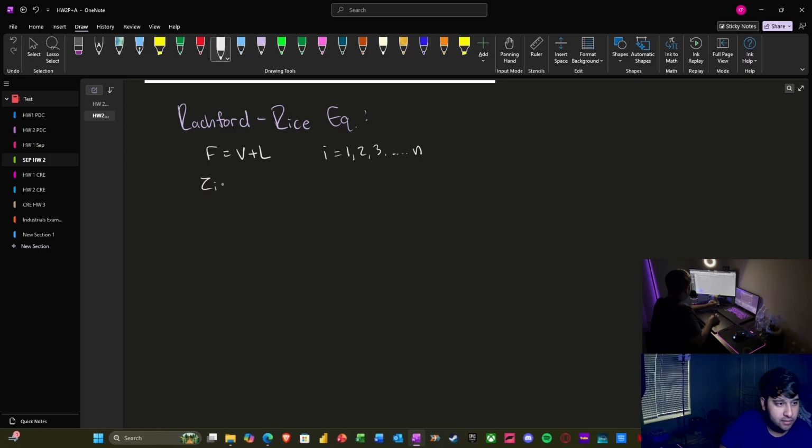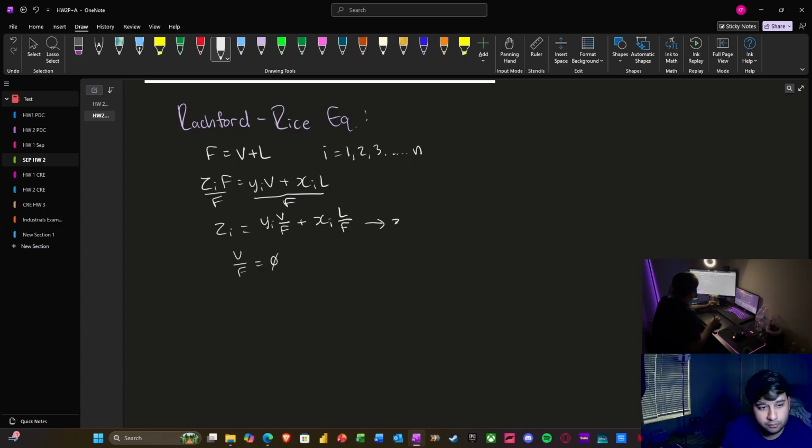We want to expand this using z_i F, and this will give us y_i V plus x_i L. This is like the vapor composition fractions, and I want to go ahead and isolate our z_i by moving our F over, so we get z_i equals y_i V over F plus x_i L over F. And if we take a look at the V over F, this is our vapor fraction, which is also equal to phi.